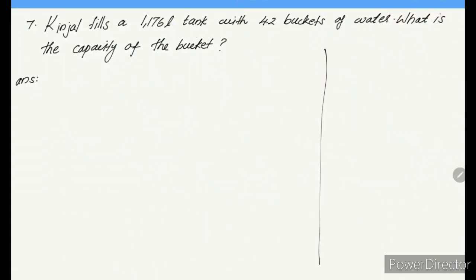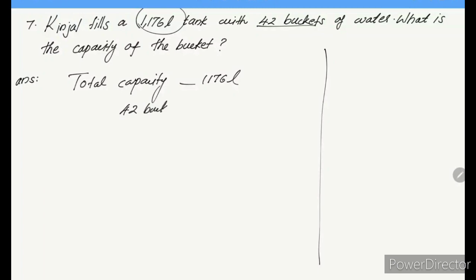7th question. Kinjal fills a 1176 liter tank with 42 buckets of water. What is the capacity of one bucket? 42 buckets they use, and the total capacity is 1176 liters.